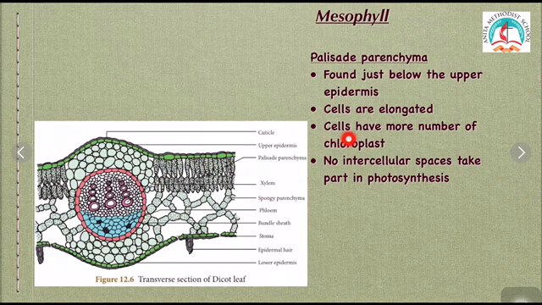The cells are elongated. Cells have more number of chloroplasts. Can you see the structure, shape of the cells? They are elongated and there is no intercellular space. They are taking part in photosynthesis.